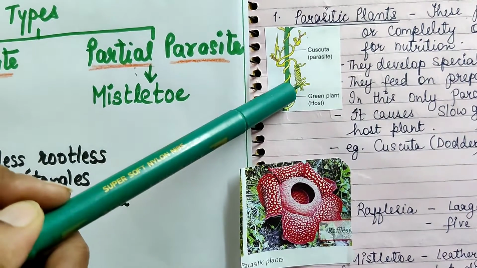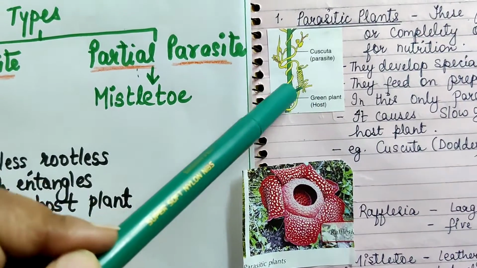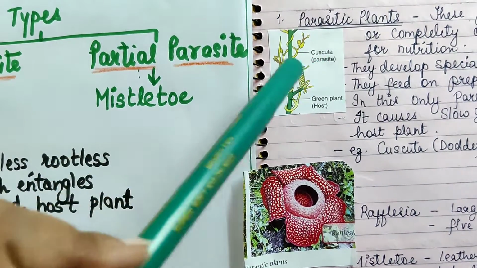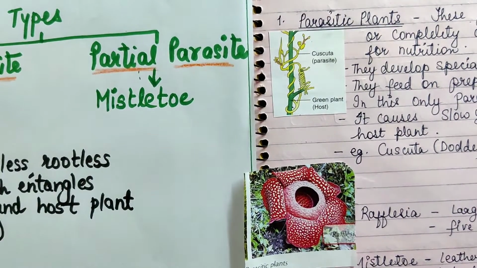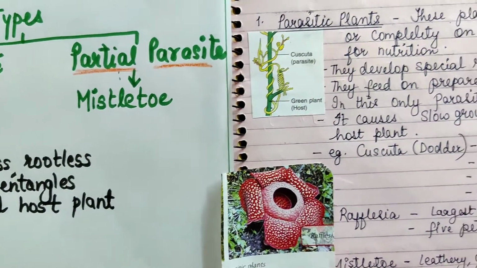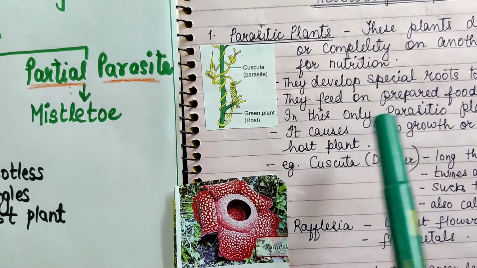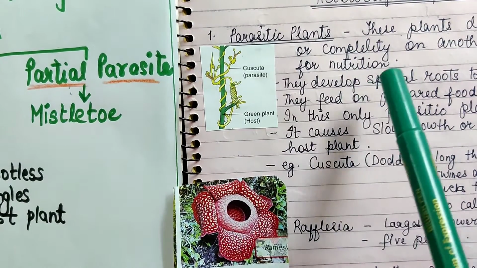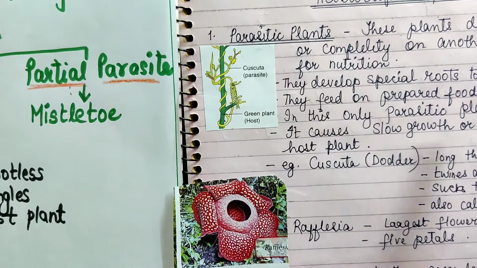See this yellow colored structure, it is twining around this green plant. The cuscuta will have special roots from which it will take the nutrition. Now you can make your own notes like this, as I have written point by point. These plants depend partially or completely.